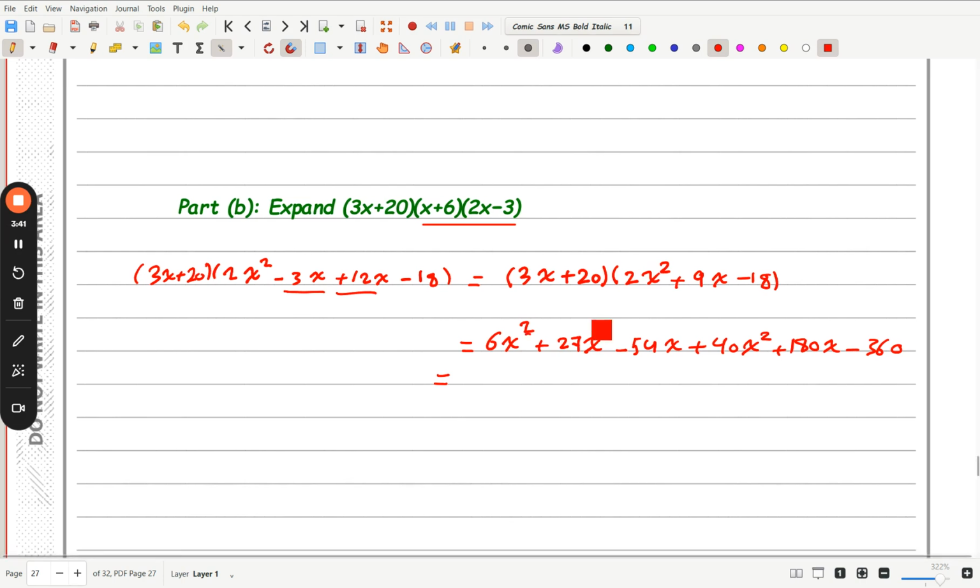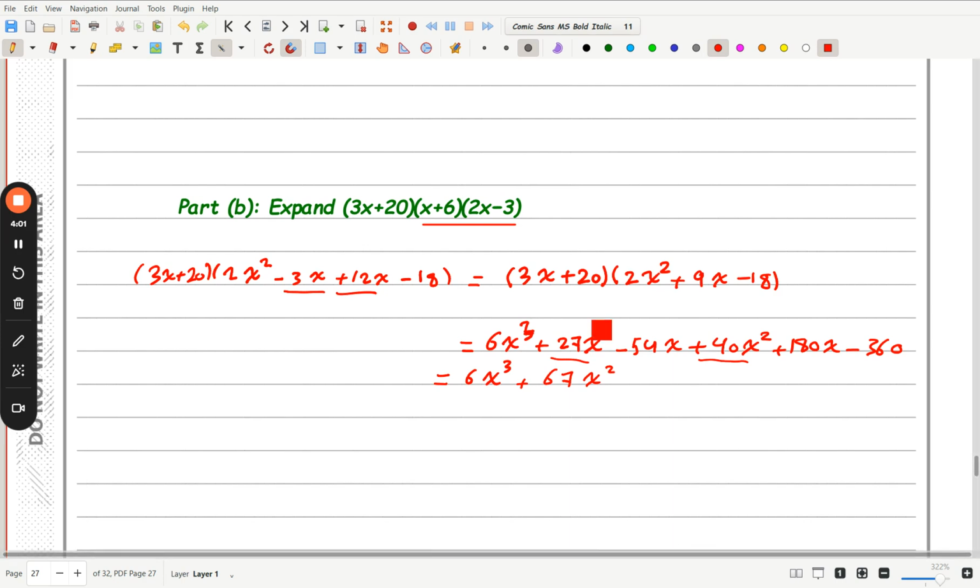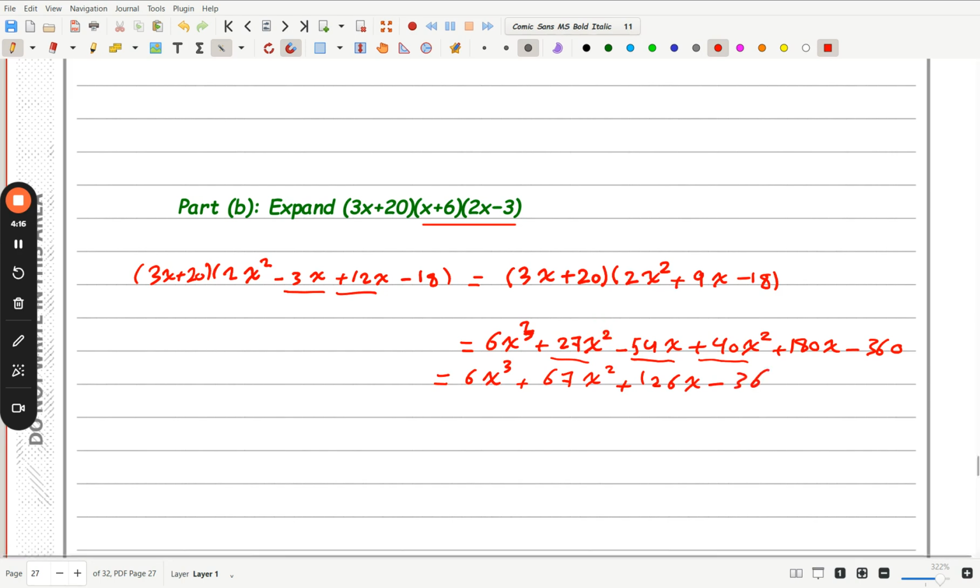So 6x to the power of 3 plus 67x to the power of 2 plus 120x minus 360.